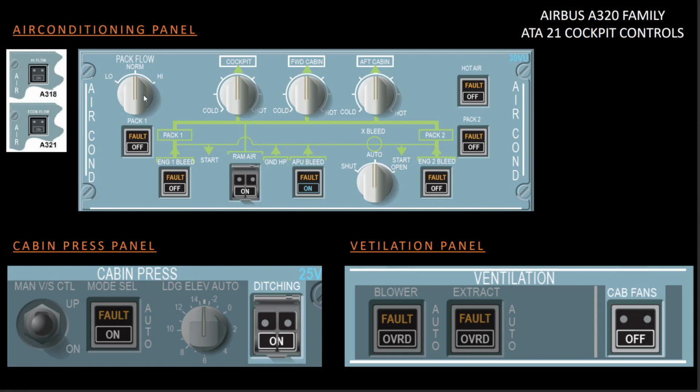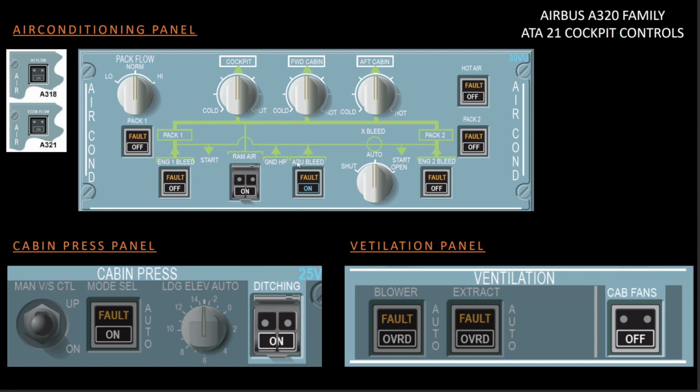So even though your rotary selector is at low, which corresponds to 80% of flow, if the demanded cooling amount cannot be achieved, the system will automatically shift to normal flow, which corresponds to 100% of flow.